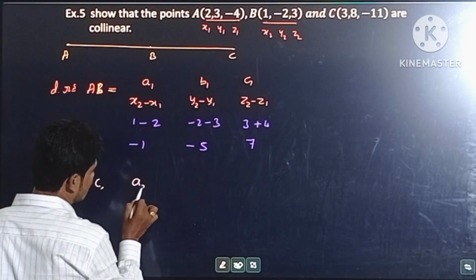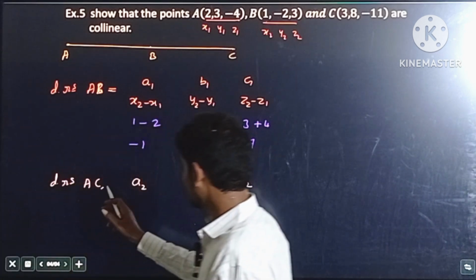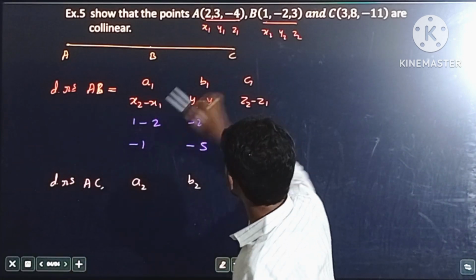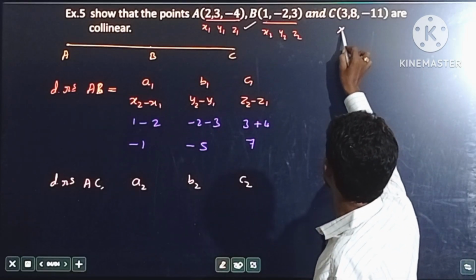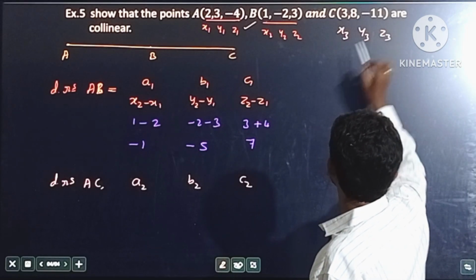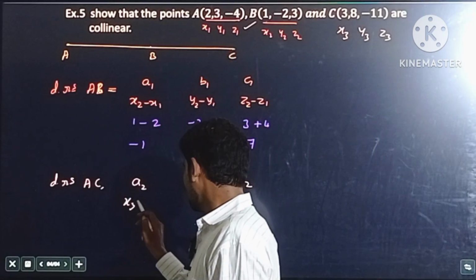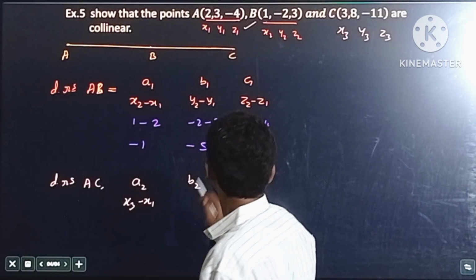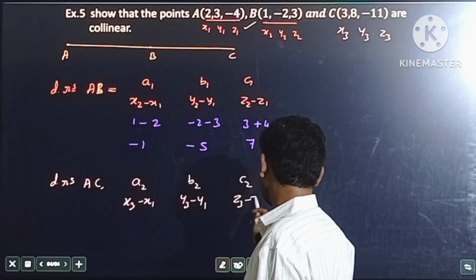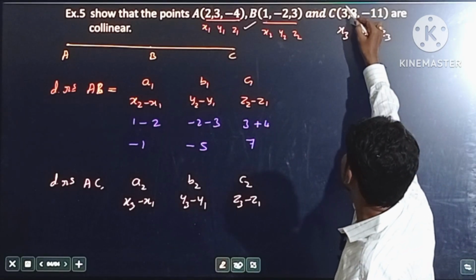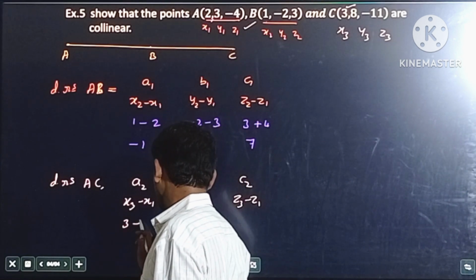Now the direction ratios of the line segment AC. Let's say the direction ratios of AC are A2, B2 and C2. The first point A is x1, y1, z1 and the second point C is x3, y3 and z3. Therefore the value of A2 is x3 minus x1, B2 is y3 minus y1 and C2 is z3 minus z1. Here x3 is 3 and x1 is 2, therefore A2 is 3 minus 2.